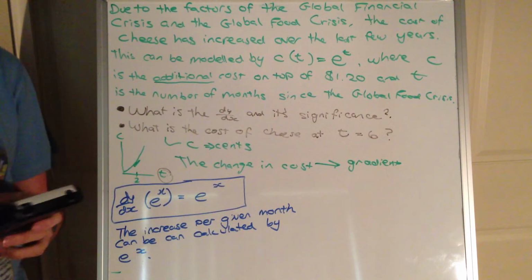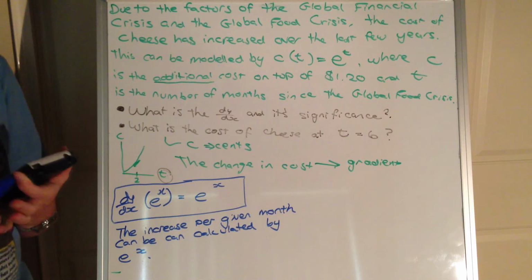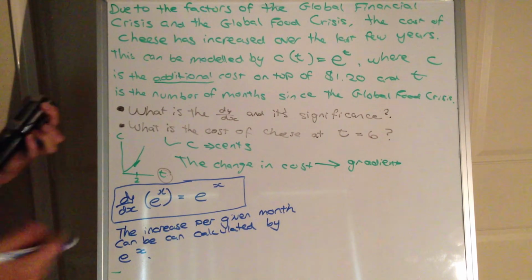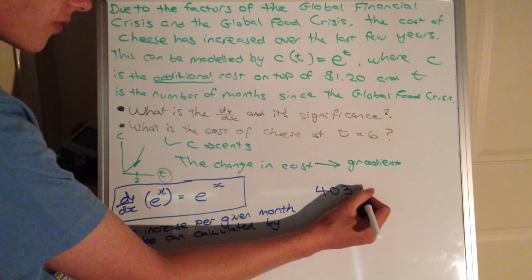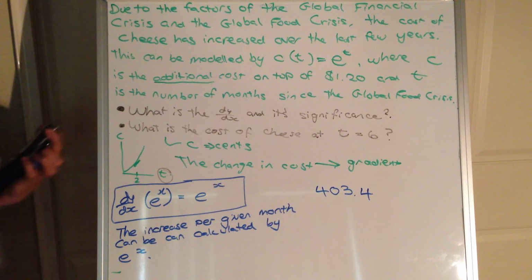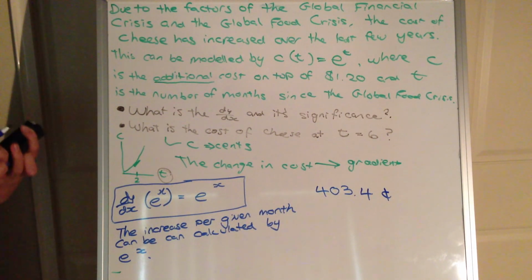So it's t equals 6, so it's e to the 6, and that's 403.4. So obviously the price of cheese has gone up quite a bit, but we've got to remember that's in cents. But still, that's quite a significant amount.